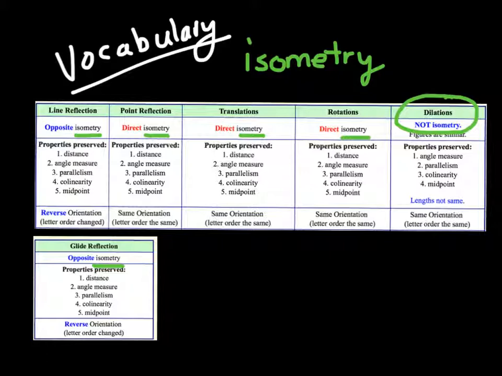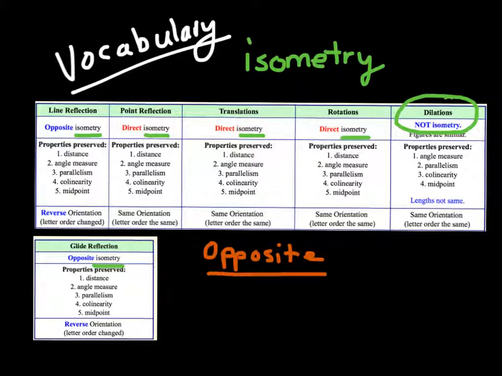Another vocabulary word to be familiar with is the word opposite. If a particular transformation is an opposite transformation, it will end up pointing the picture in a different direction.